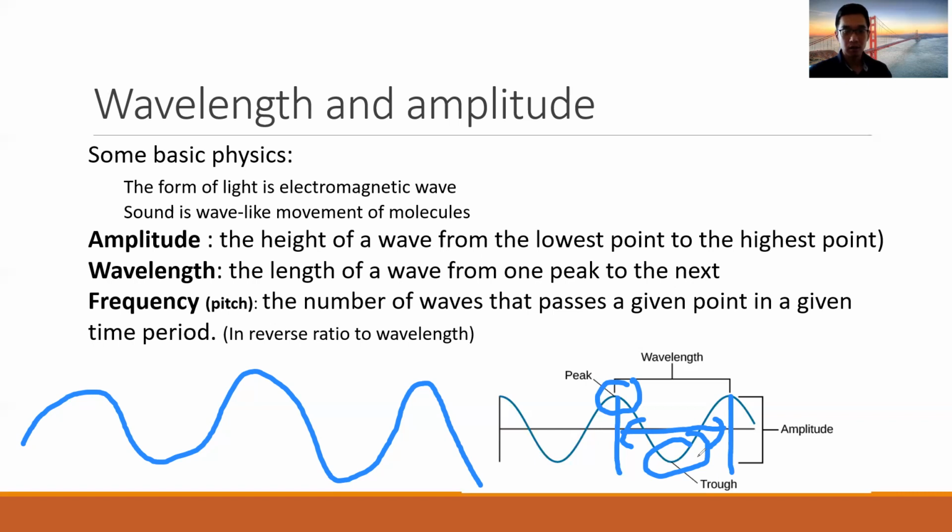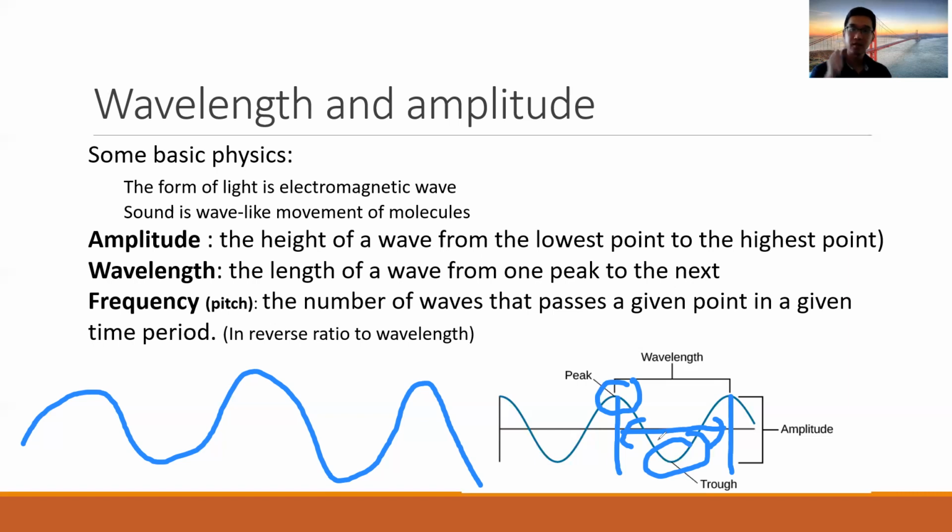How do we know that? In a given time period, for example, 1 second, if there are like 10 waves that pass the same given point, we can say that the frequency is 10. If in 1 second there are only 2 waves that pass a certain given point, we can say that the frequency is 2.